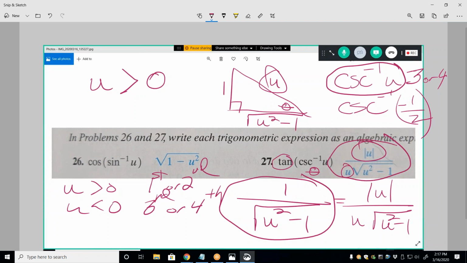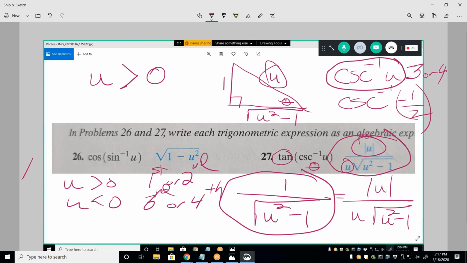And then I am taking the tangent of that angle. So in this case, if u were positive, I would be taking the tangent of a first or second quadrant. And if it's first, I need it to be positive.